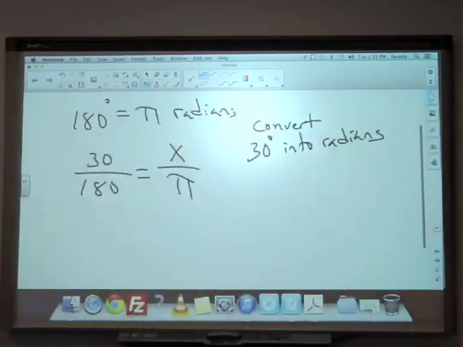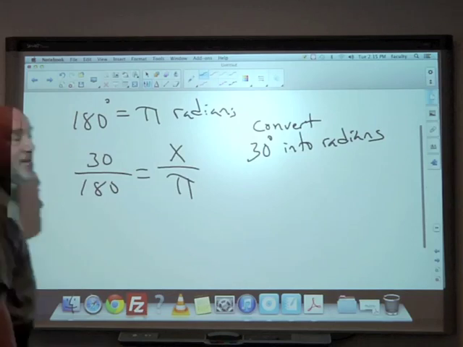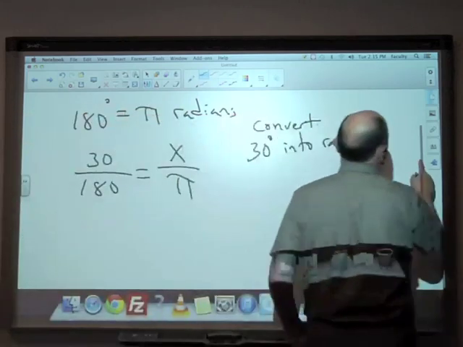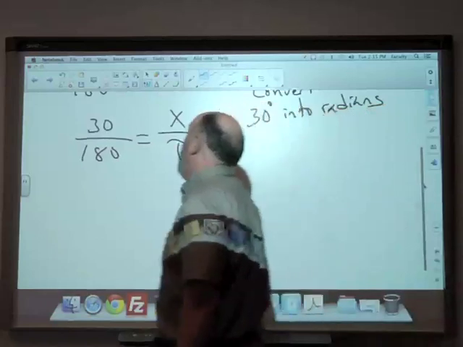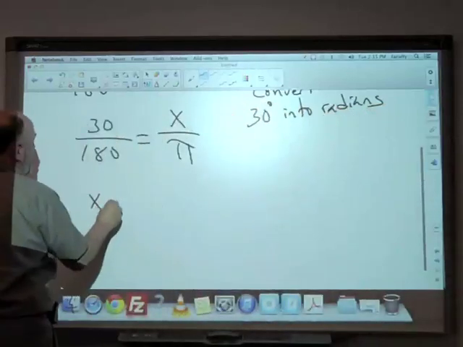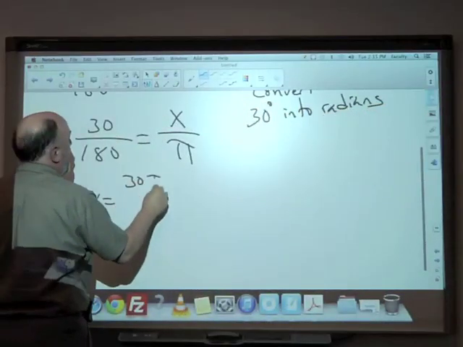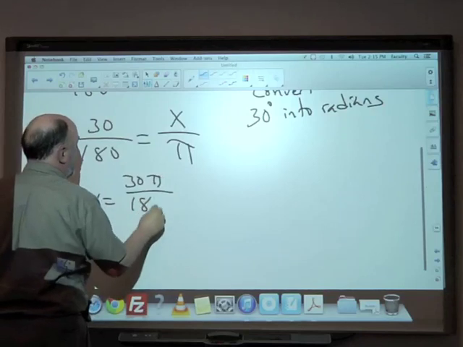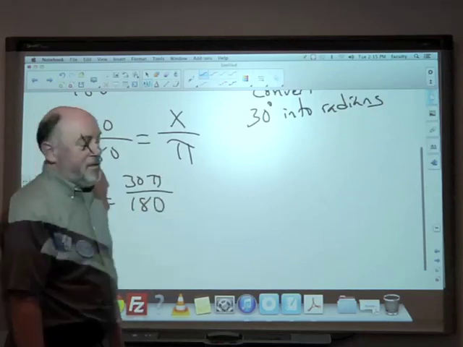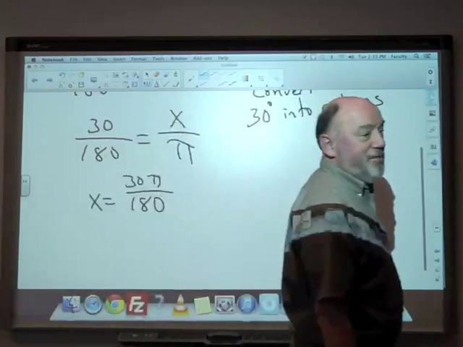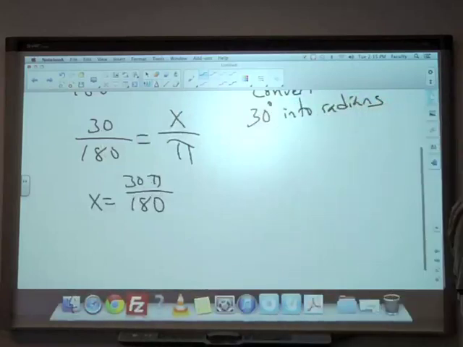The way you solve a proportion is always the same. You cross multiply and divide. So if I do that, x is going to be 30 pi over 180. Generally, radian measurements will be left in terms of pi, so we need to look at the number part and simplify the fraction.